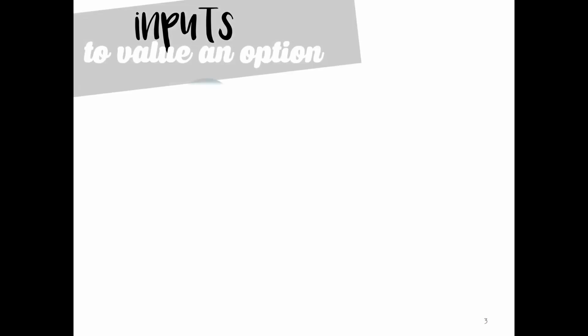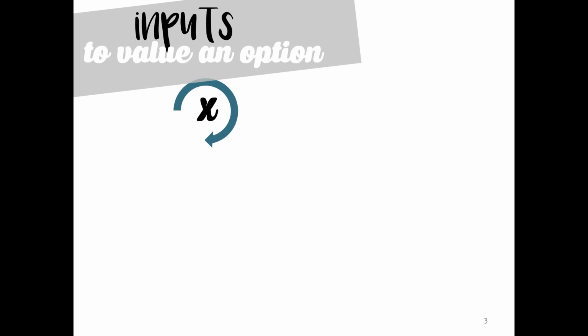There are 5 inputs that we need to determine, whether this is a real option or a financial option. And the strike price, which is fixed, is written in the contract, or it could be an amount to be paid or received in the case of a real option.